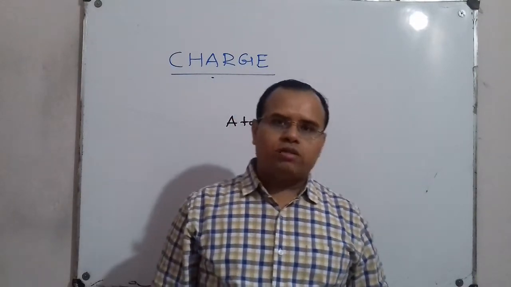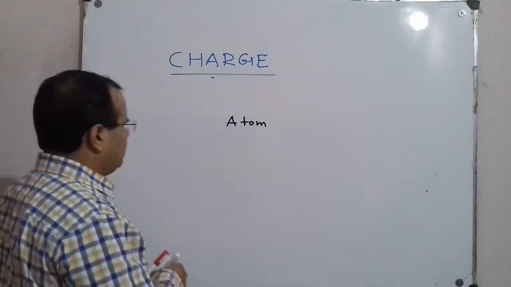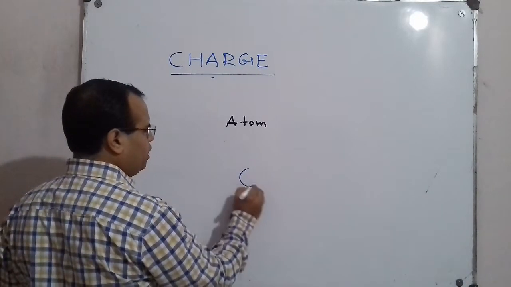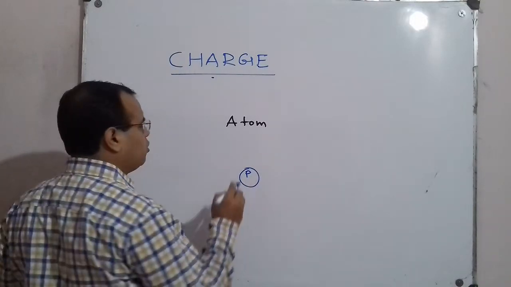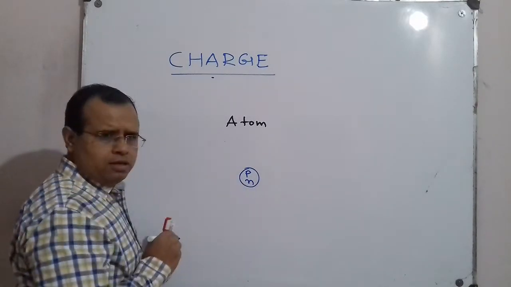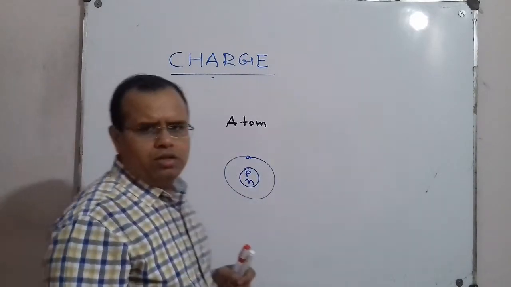Later Rutherford gave his model, and according to the Rutherford model, in an atom there are protons. Neutrons were not there at that time, later on neutrons were added, and electrons are revolving around the nucleus.